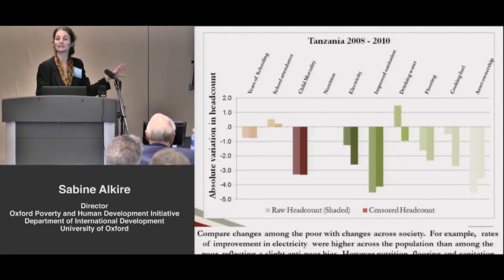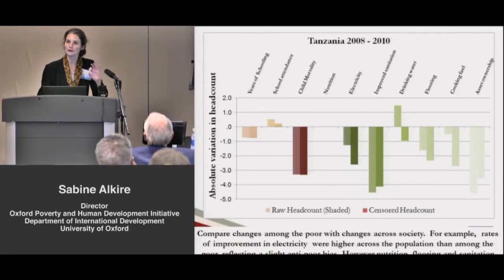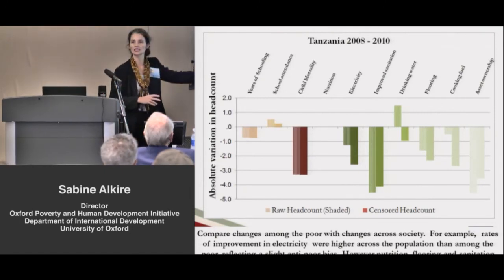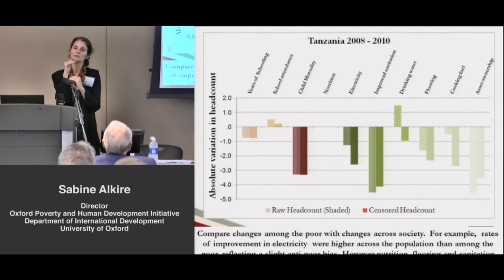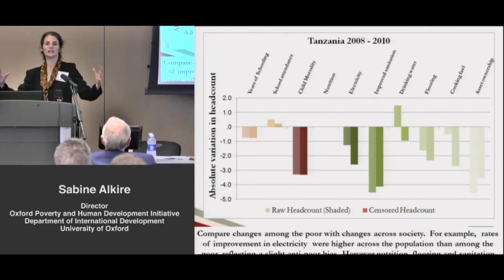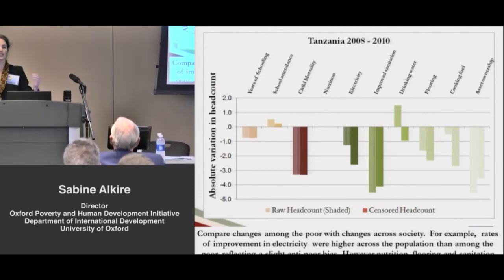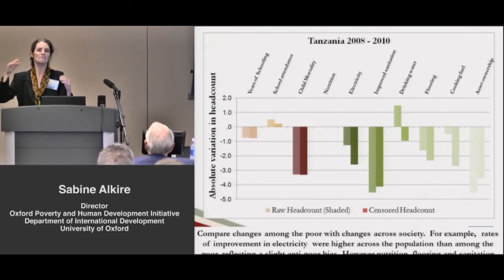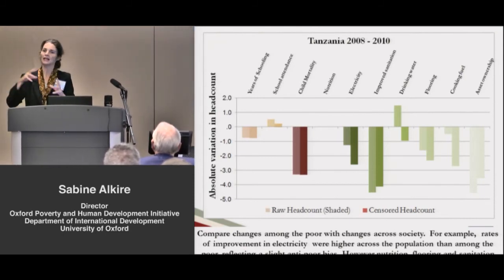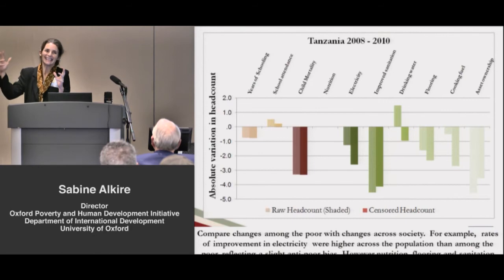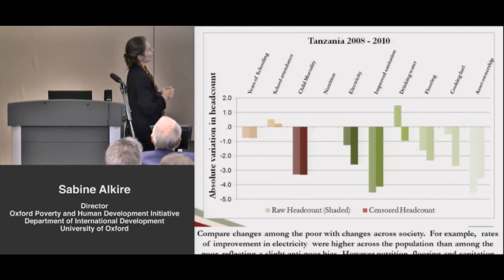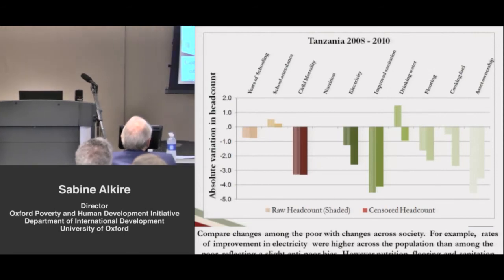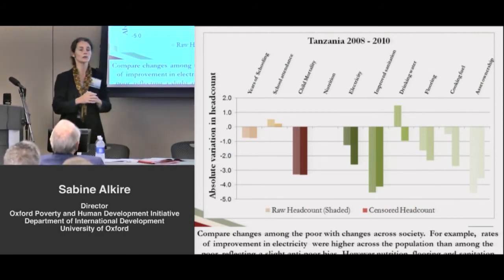A tiny analytical footnote. For those who are doing in-depth country studies, it is always useful to compare the reductions among the poor with the reductions that are population-wide, because some reductions might push a person out of poverty, but they might retain this deprivation when they move to the non-poor, and also some rates of reduction might be higher among the poor than they are in society as a whole.